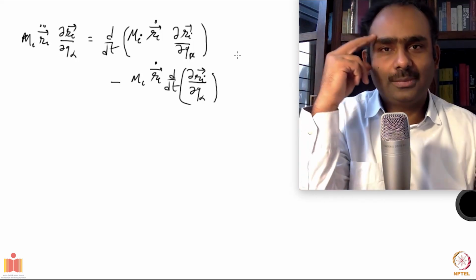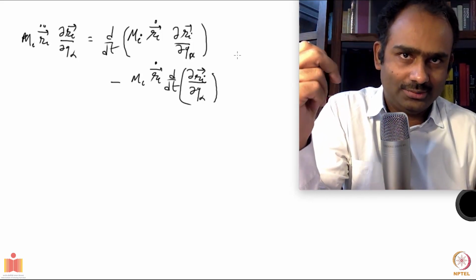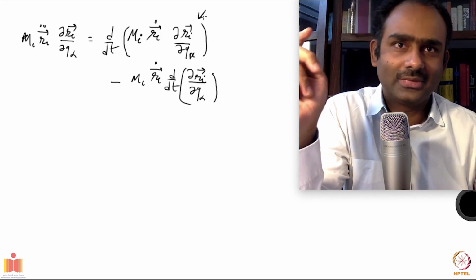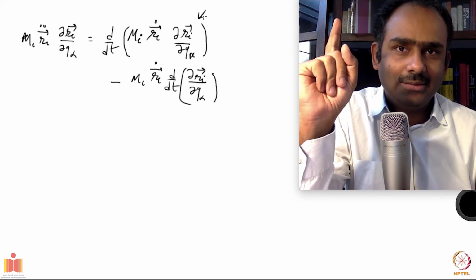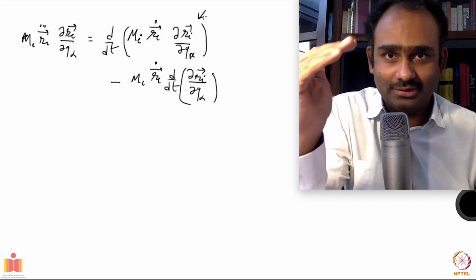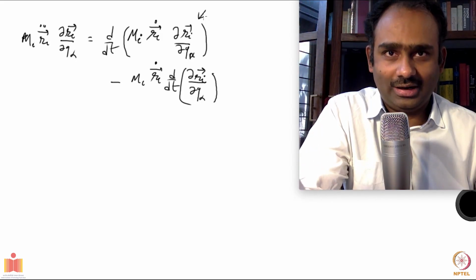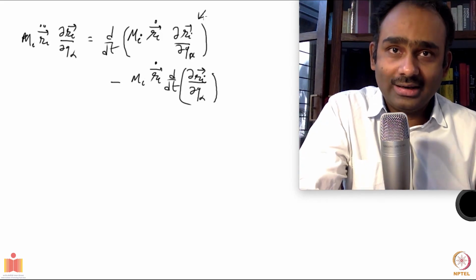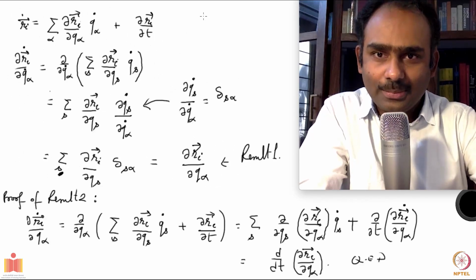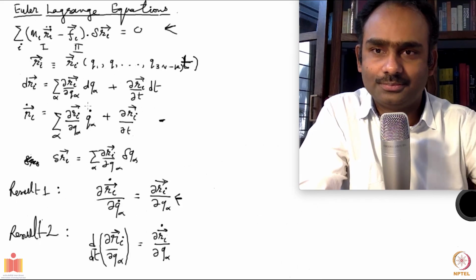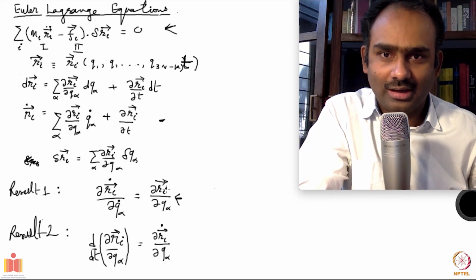Okay, now this is the place where I want to utilize those two results which I showed you. You remember the first one I can use in here. The first one was that the partial derivative of ri with respect to q alpha I can replace by the partial derivative of ri dot with respect to q alpha dot, right? So ri over q alpha turns to ri dot over q alpha dot. That's what I will do here.